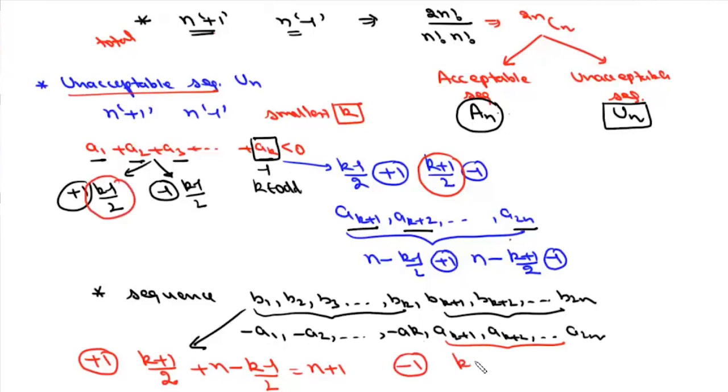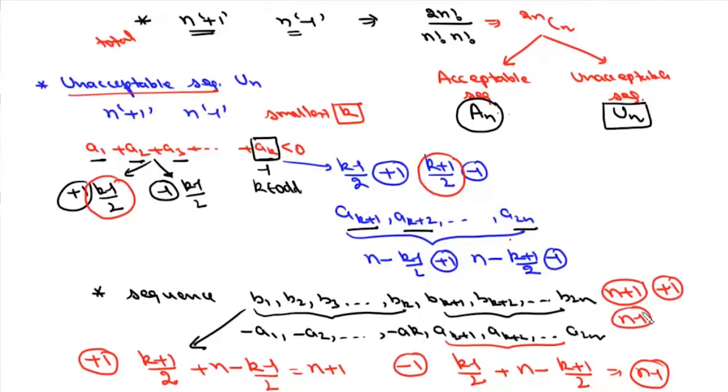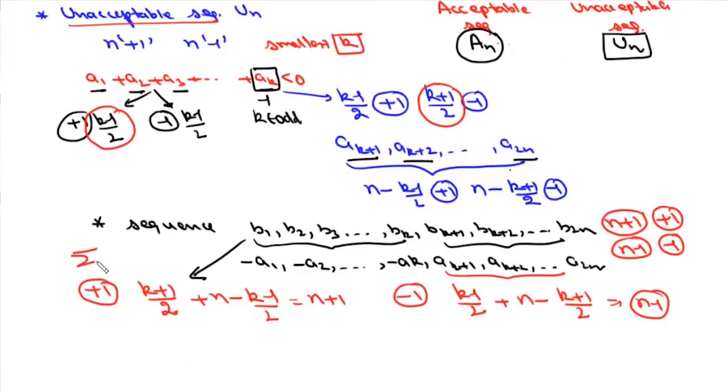So it will be k minus 1 by 2 plus n minus k plus 1 by 2, and it will be equal to n minus 1. So this sequence bn will have n plus 1 plus 1s and n minus 1 minus 1s. And in this case, if we add all the terms in the sequence, then the sum will be simply 2.